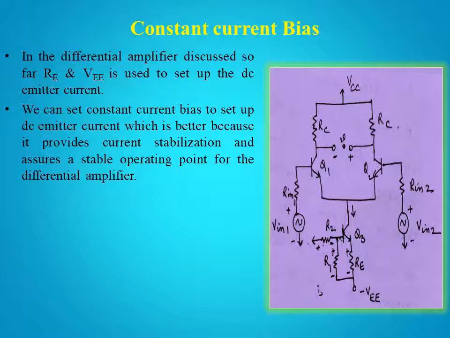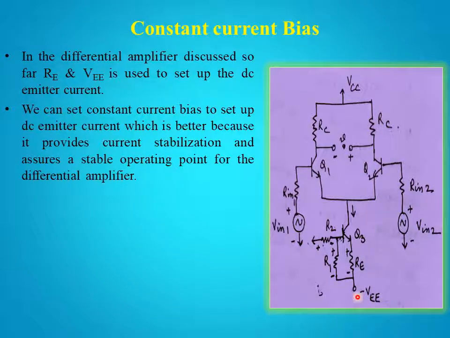So this is the diagram of constant current bias. Now if you see, initially the diagram was, this is the differential amplifier, and here, from here it goes into RE and then it is connected to minus VEE.